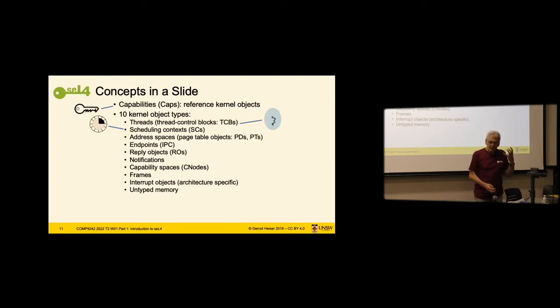So it's the core mechanism for managing time as a resource. And then there are address spaces, therefore virtual memory, right? The seL4 address space abstraction is just a very thin wrapper around hardware page tables. It's so thin that it's not even ISA agnostic.